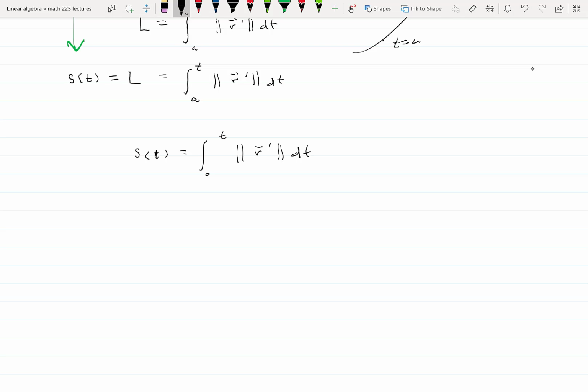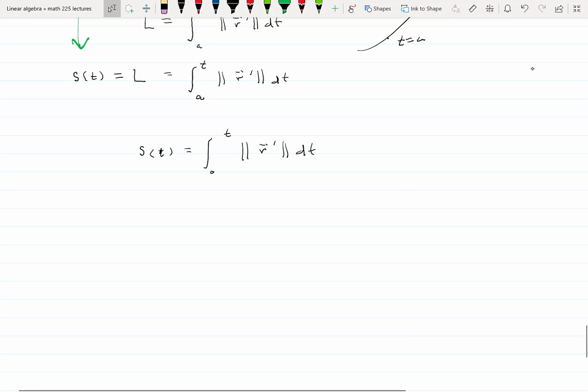The author of your textbook changes the variable of integration from t to u, so that our upper limit of integration and the variable of integration are different, which is technically what we really need to do.